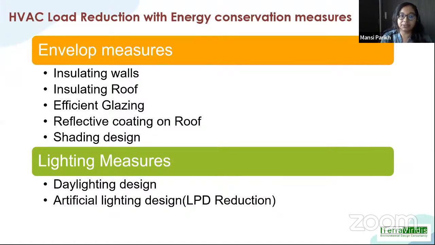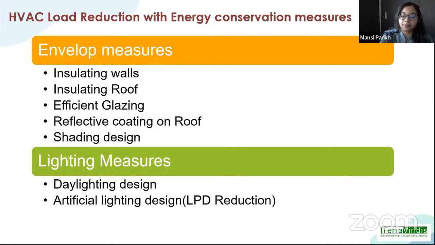For the envelope, there were measures for insulating walls, roofs, and glazing, reflective coating on the roof, and shading design, such as chhajjas on the roof and chhajjas for the glazing. Lighting measures also reduce the cooling load. Measures like daylighting design and reducing the LPD in a particular space reduce the heat gains. These are the measures we used for this project.